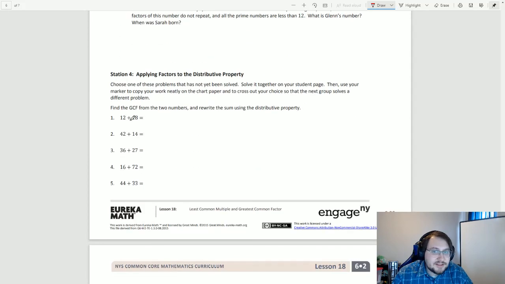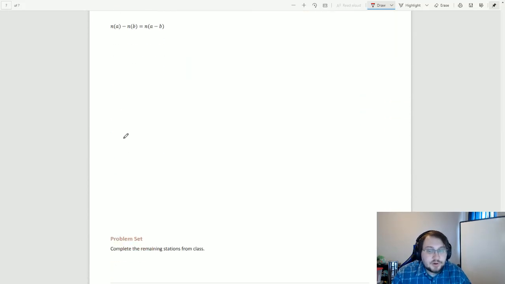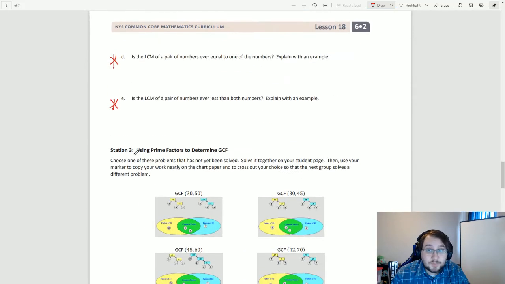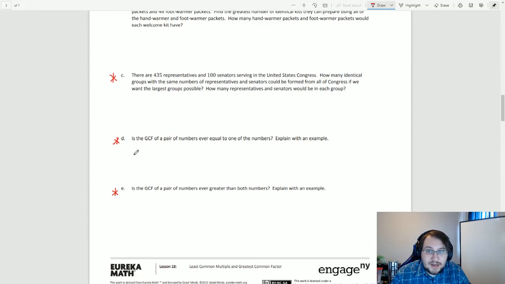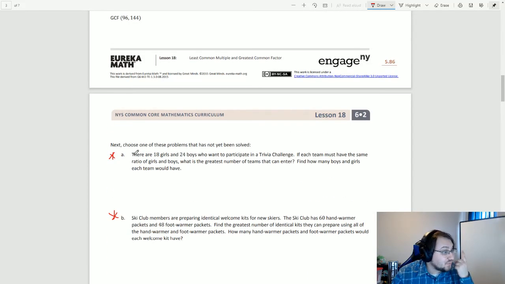Don't touch anything that's under Station 4. We'll work on that stuff tomorrow. You are to work on A through E for both Station 1 and Station 2. That's your only work I have for you guys today.